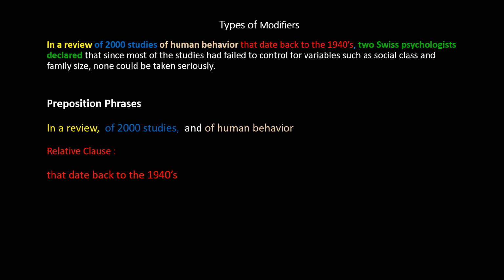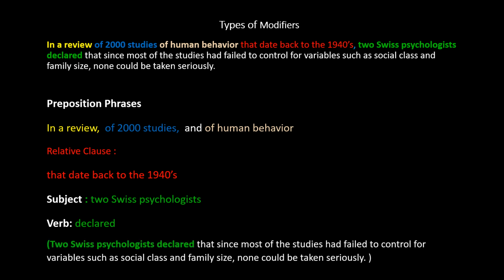How does the sentence read after I eliminate the modifiers? 2 Swiss psychologists declared that since most of the studies had failed to control for variables such as social class and family size, none could be taken seriously. It makes sense. This is how you must evaluate the subject-verb agreement sentences. You must eliminate all the middlemen and read the sentence and see whether it makes sense.